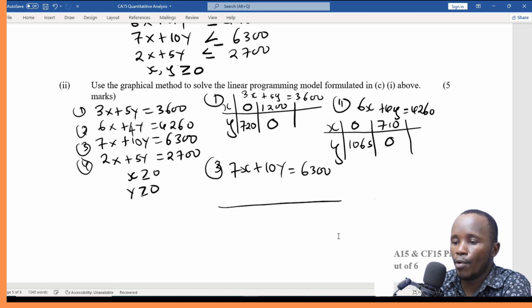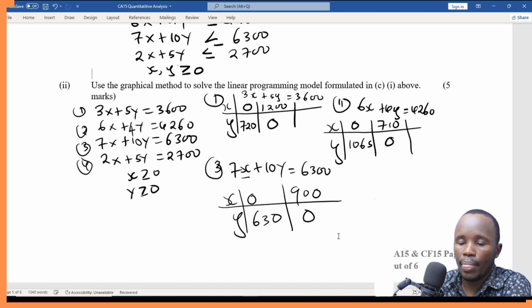Get the x and y intercept. Put x is 0. It gives you y is 630. Put y is 0. You will get x is 900.